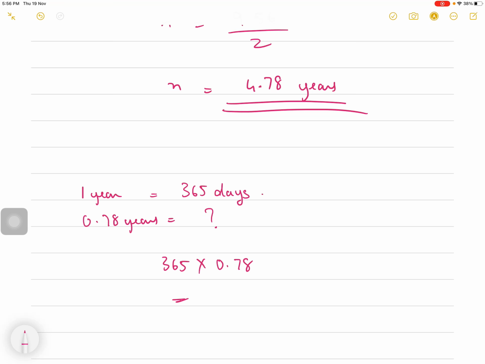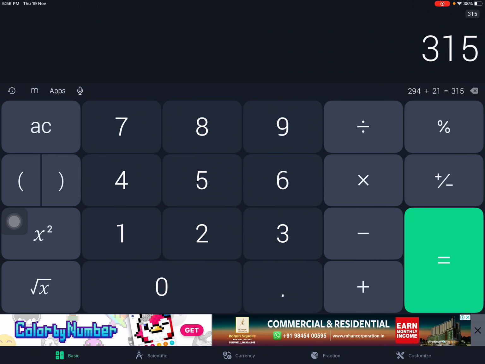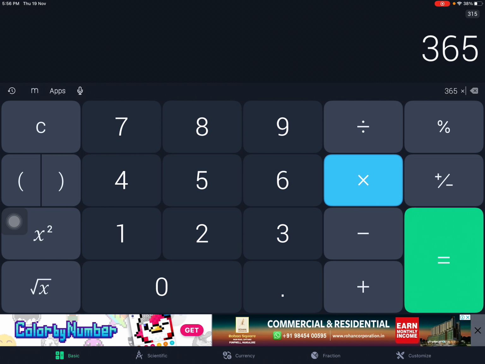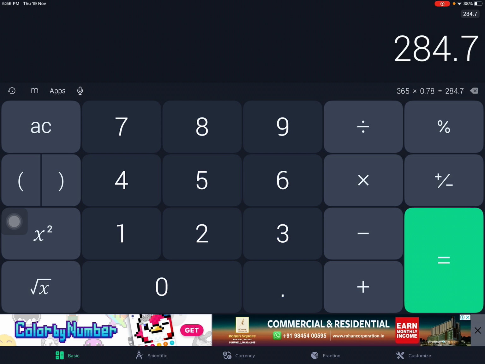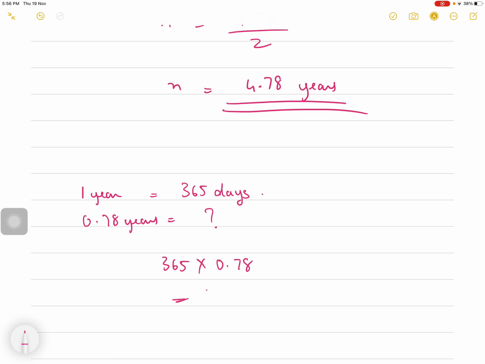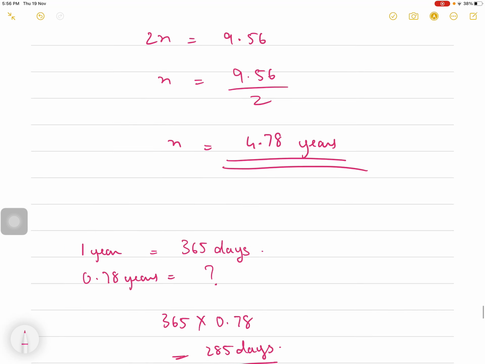When you do 365 multiplied by 0.78, you get 284.7. So 285 days.